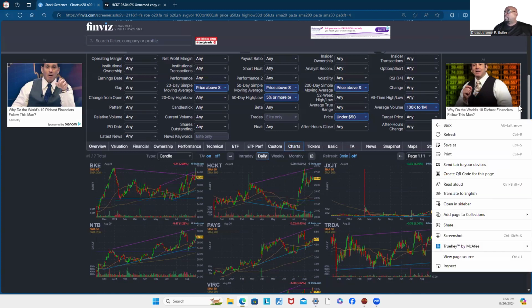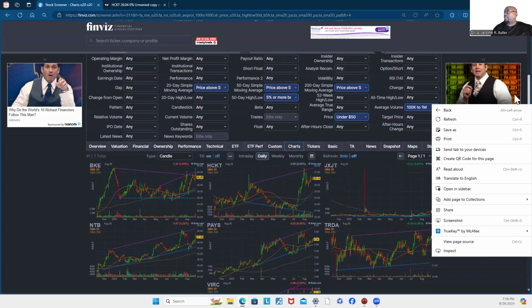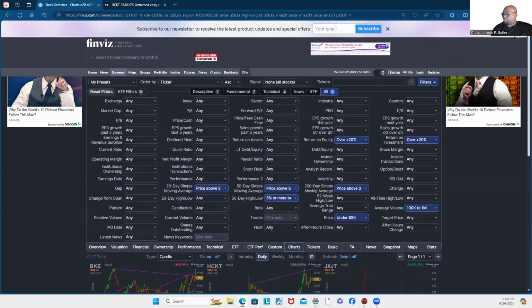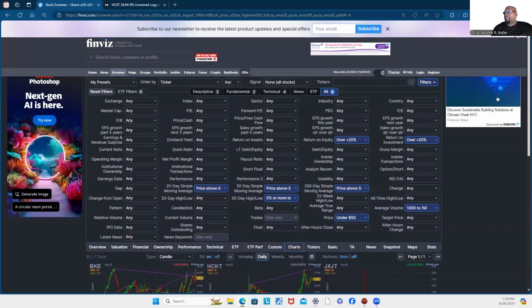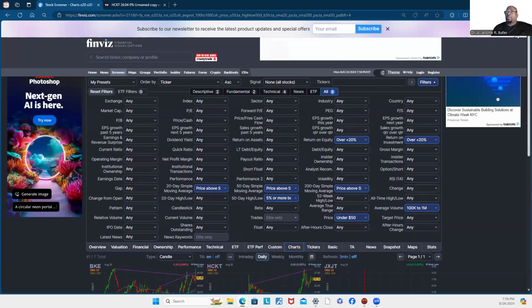Because if you know that the one we just looked at, CSL, is pricing you out of the market, even though it might be on your watch list, it's a good one. Maybe it's one later on you can capture and start to buy in, but it may be a little bit too high end.